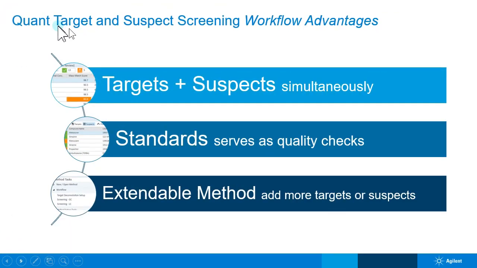Let's take a look at other advantages of doing targets and suspects together simultaneously in the same application, Quant. If you just do the suspects alone, you're going to get the question, where are the QC samples run? Whereas if you do the targets and suspects together, you've got the standards and they are run with the normal quality checks, recovery or quality control samples.